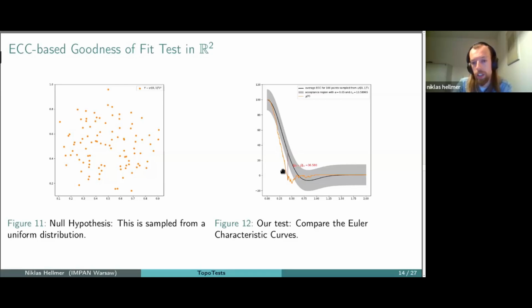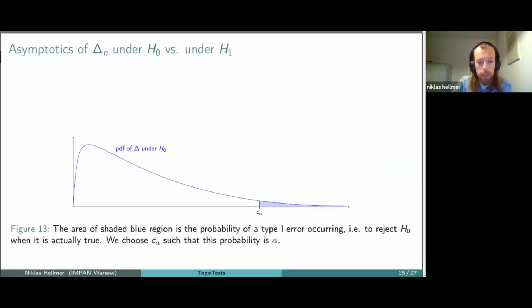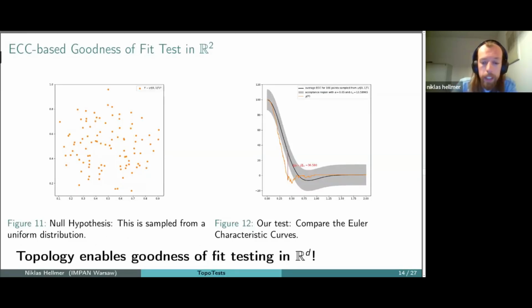This goes way outside this gray acceptance region. And the supremum distance is so big, in fact, that during the simulation of the null distribution, we never saw such a big test statistic. So we have strong evidence to reject the hypothesis here. Oops, I'm going too fast.